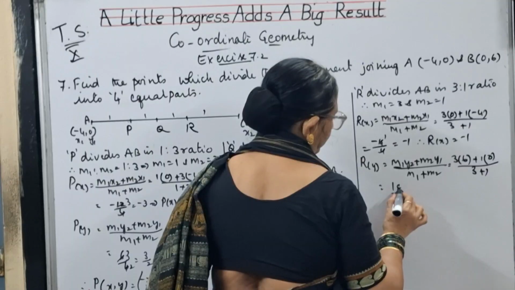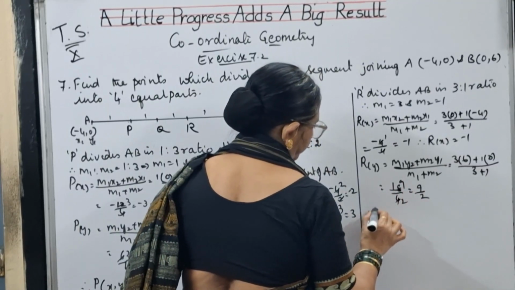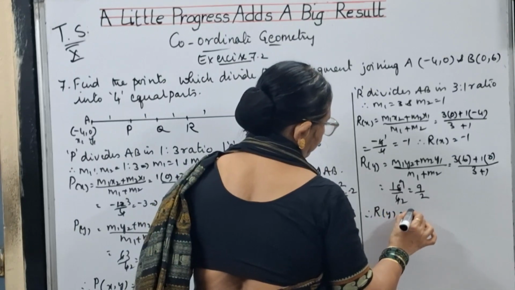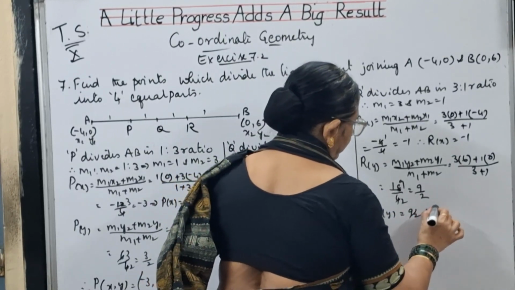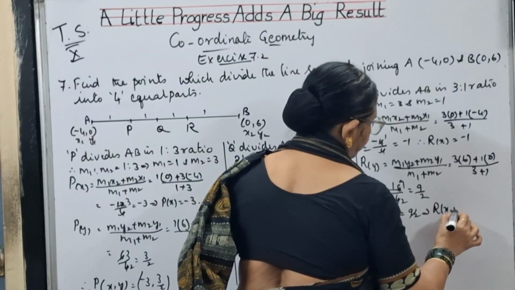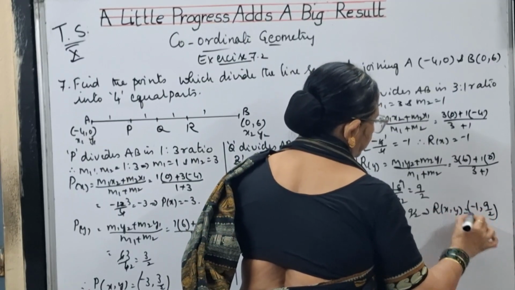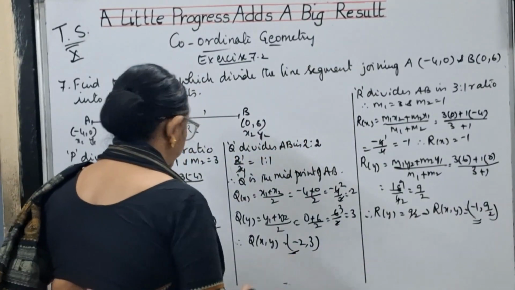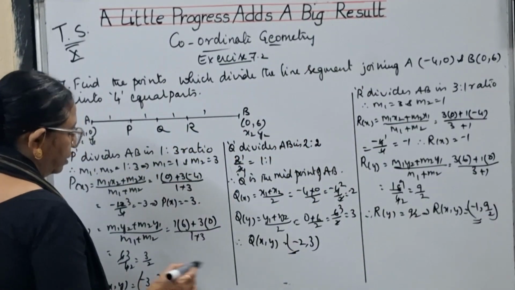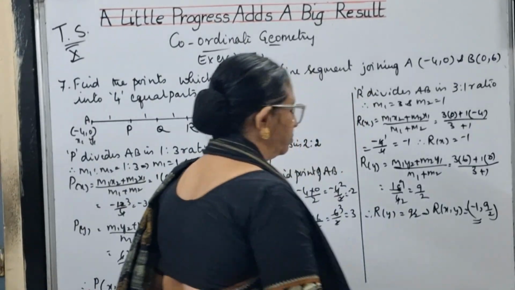That is 9 by 2. So, R of y is equal to 9 by 2. Therefore, R of (x, y) is equal to (-1, 9/2). So, these three are the coordinates, P, Q and R of this problem, children.